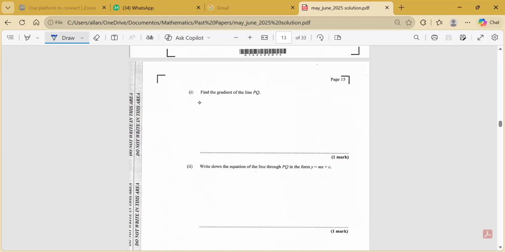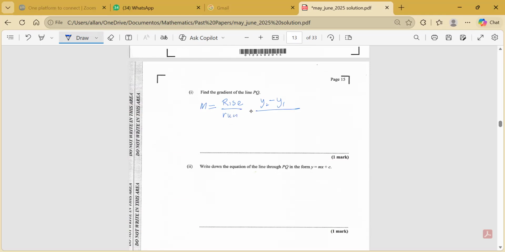Now there's one mark, so they didn't really want you to do any set of things. So you say rise, which is y2 minus y1, over run, which is the x coordinate, x2 minus x1. But you have to get 2 points to use this formula. All we had to do is look at the graph and you could actually see what the gradient is.